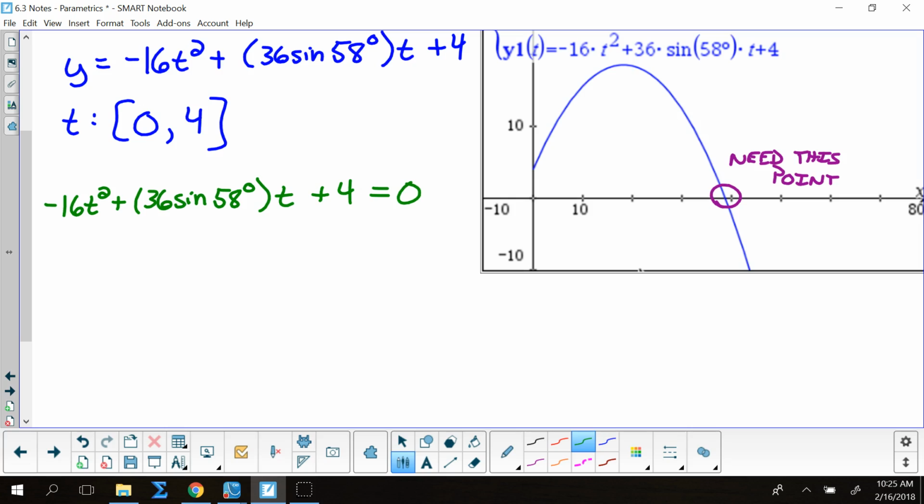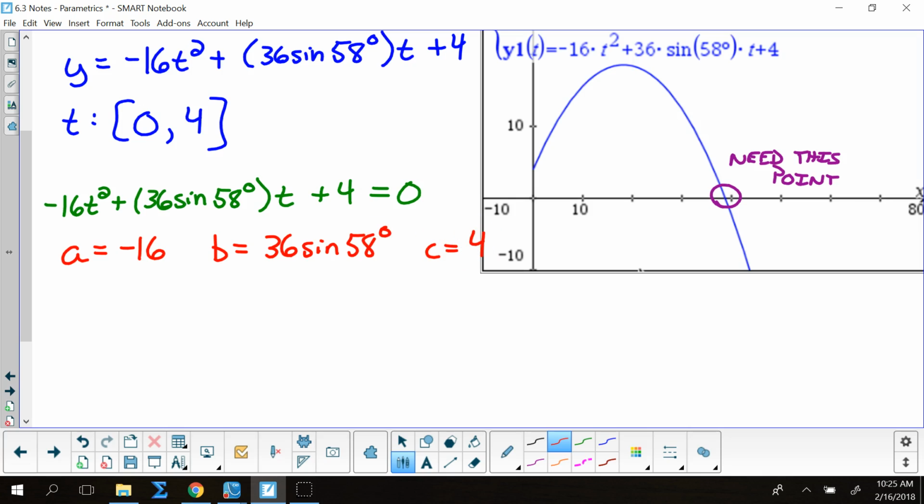Let me show you a shortcut. What is my a value? Negative 16. What is my b value? 36 times the sine of 58 degrees, right? What is my c value?